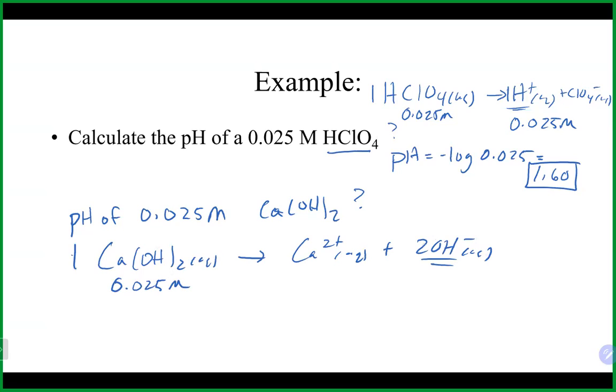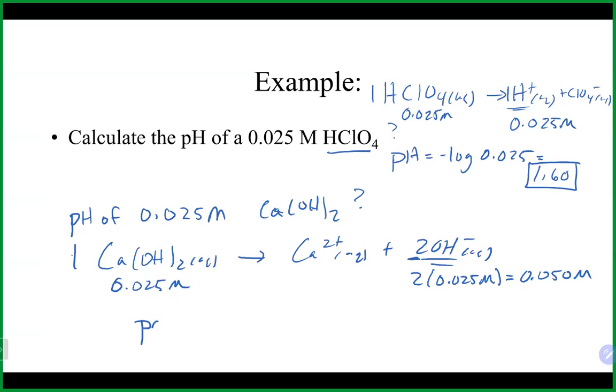It is a 1-to-2 relationship, which means we do have to adjust the concentration of our hydroxide because it's twice as concentrated. So we have to multiply by 2, like we talked about with concentrations, which gives us a hydroxide concentration of 0.05 in this case, as it is not a 1-to-1 relationship.